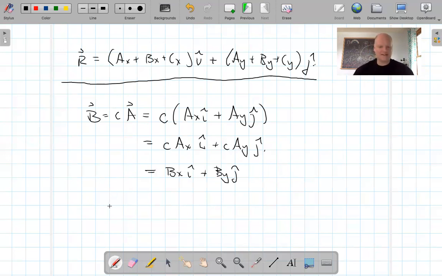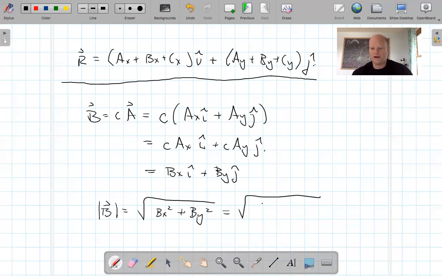What happens then to the magnitude? The magnitude of vector b is simply equal to the square root of, again, bx squared plus by squared, which is equal to the square root of c ax squared plus c ay squared.